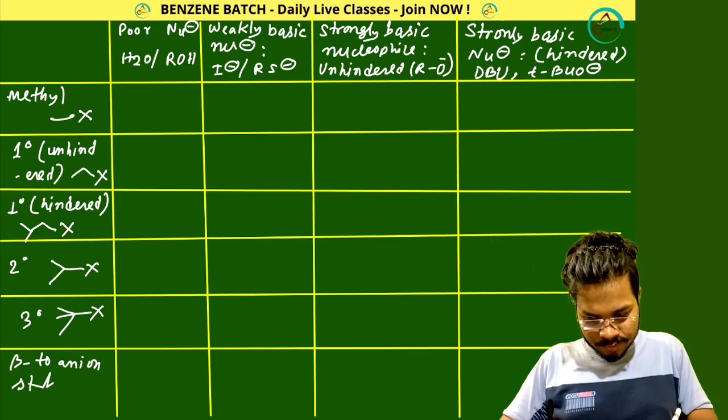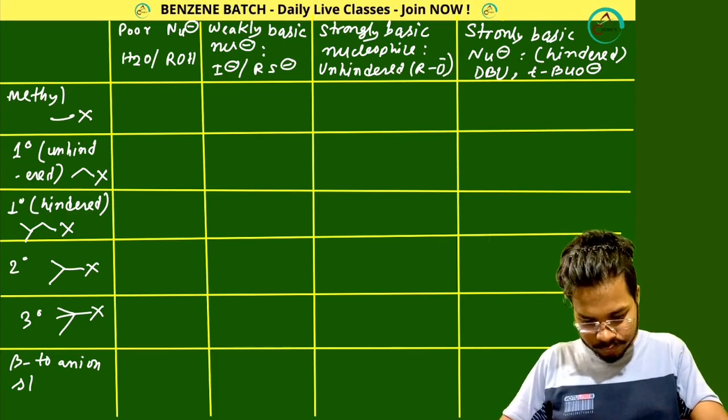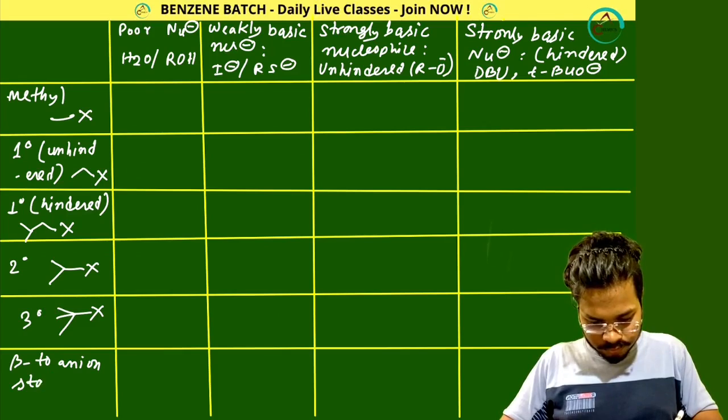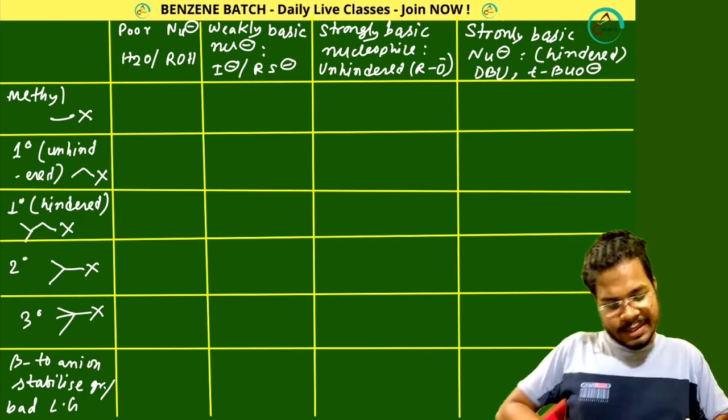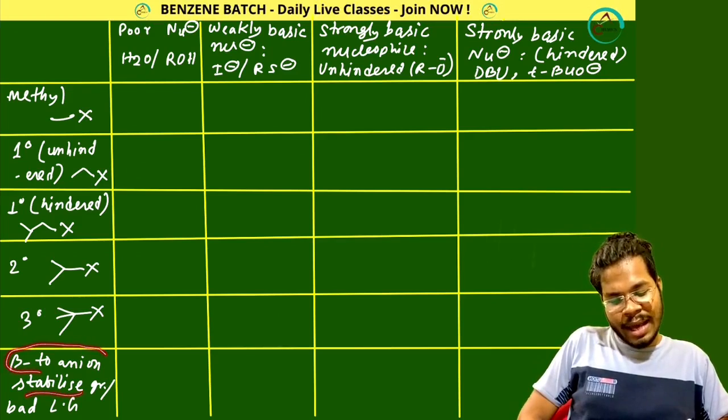Or bad LG. So at the last, this is called beta anion stabilized. So anion in the beta position will be stabilized, or the system is having a bad leaving group.